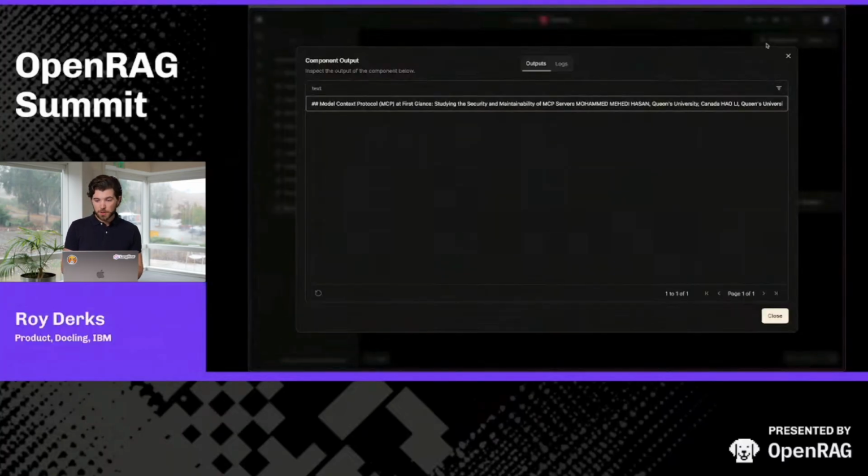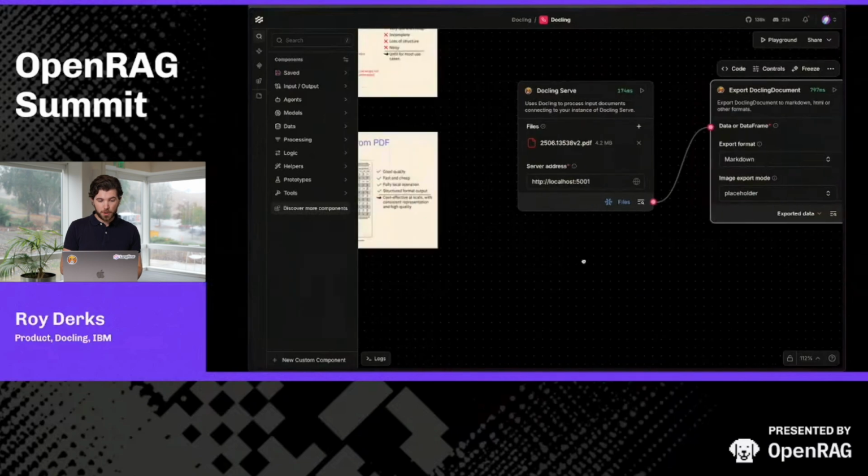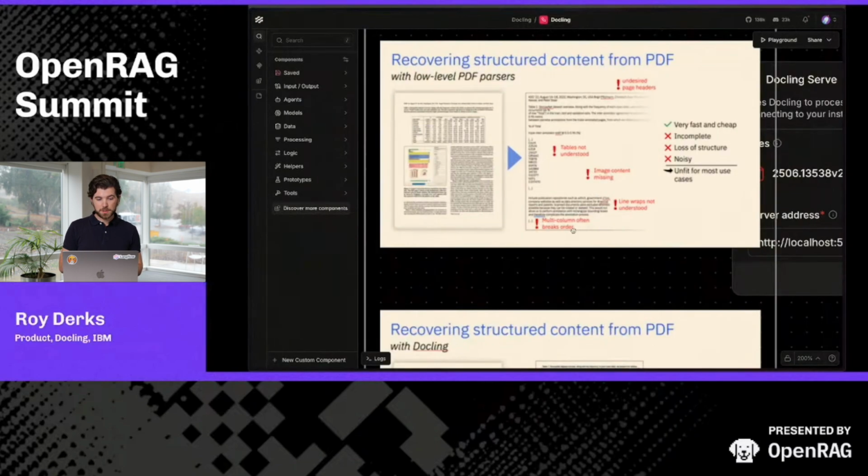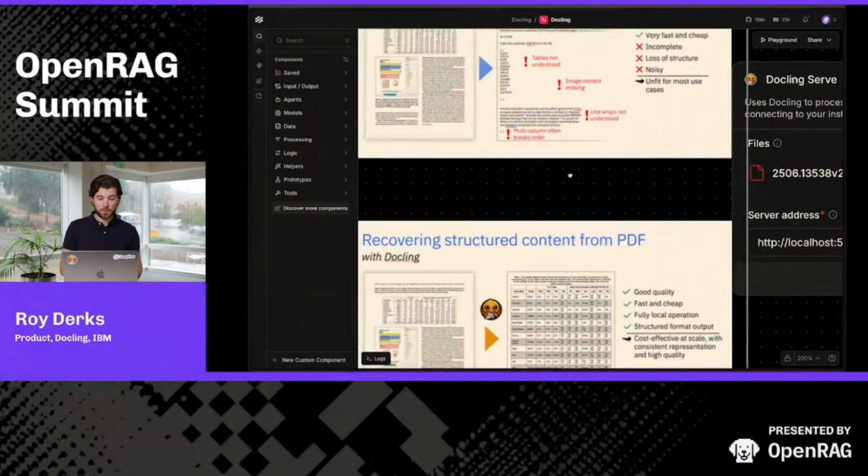So something Docling does really well compared to other libraries is, if you look at PDFs, PDFs can be big, they can have diagrams, they can have tables. A lot of the PDF parsers that you might be using, especially lower level ones, like a simple Python script or a JavaScript script you might run, they don't really include page headers, they don't understand tables, they might not be able to parse your images into text, and they might also be quite noisy and unfit for most cases.